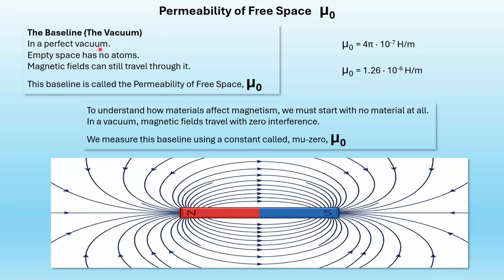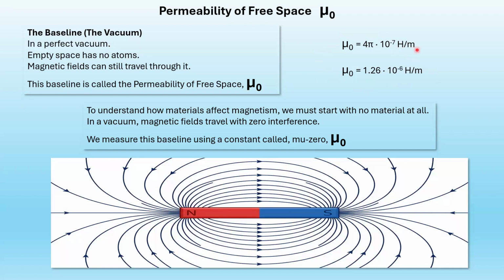In a perfect vacuum, or empty space, there are no atoms. We're talking about perfect vacuum, the perfect nothingness. Right. Magnetic field can still travel through it. But this baseline is called the permeability of free space, and we call that mu0, with the designation of mu0, a Greek letter mu. Now, what will be the value of that? Here it is.